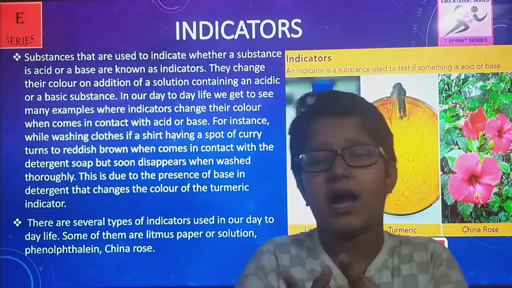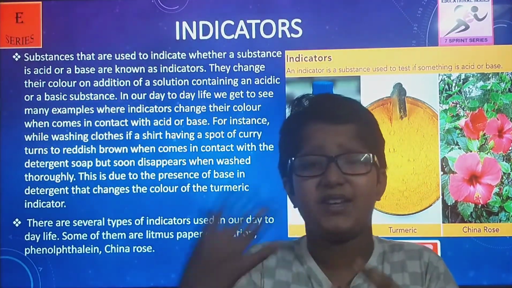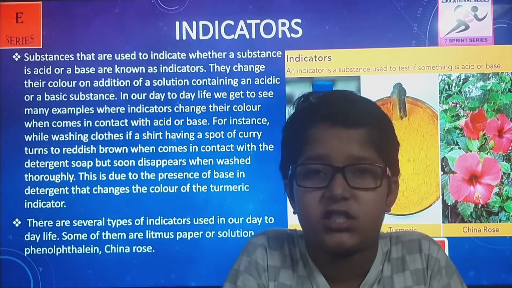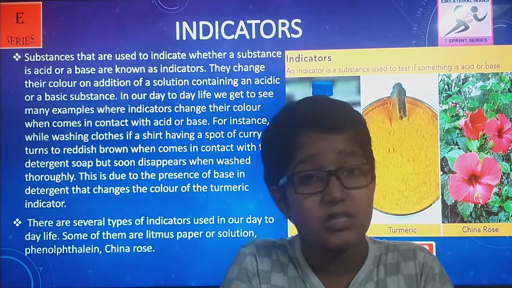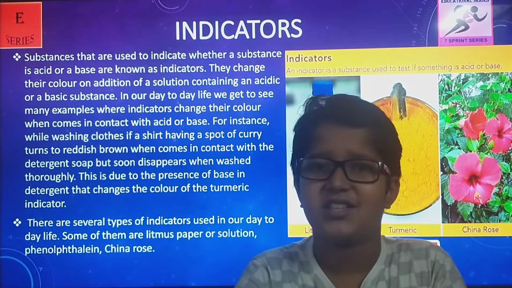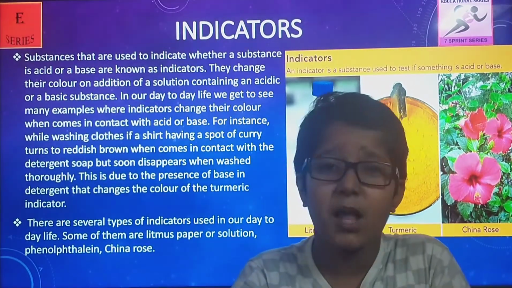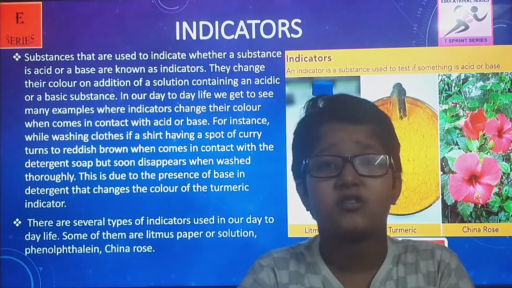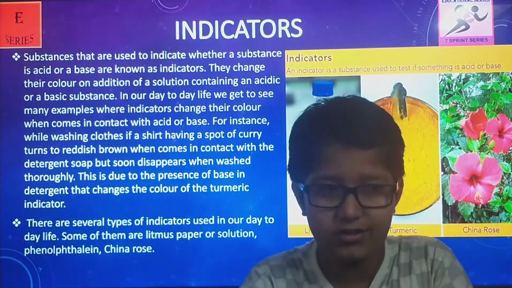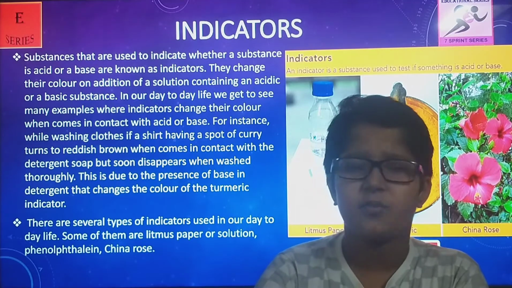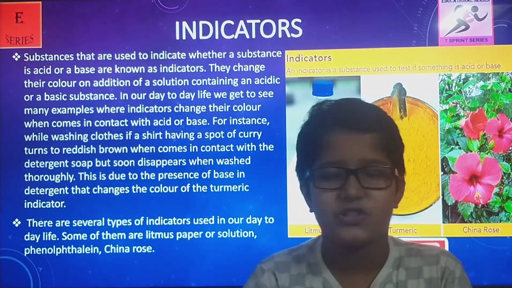Corrosive means these things are highly reactive and can burn if you touch them. For example, strong acids like hydrochloric acid, sulfuric acid, nitric acid, and bases such as calcium hydroxide. All these are bases, and the first three were acids.